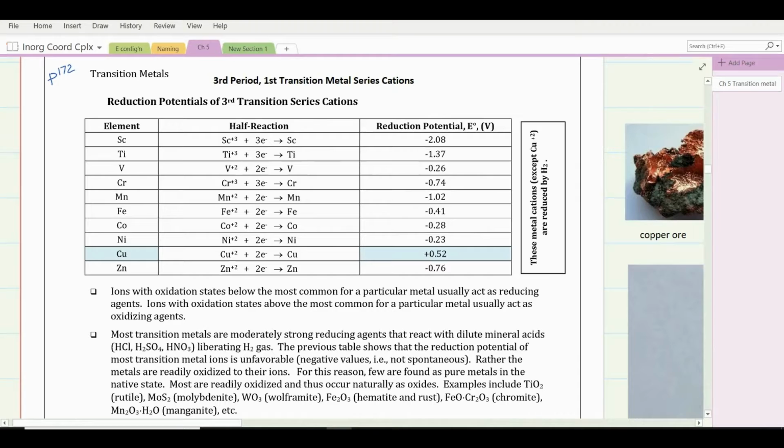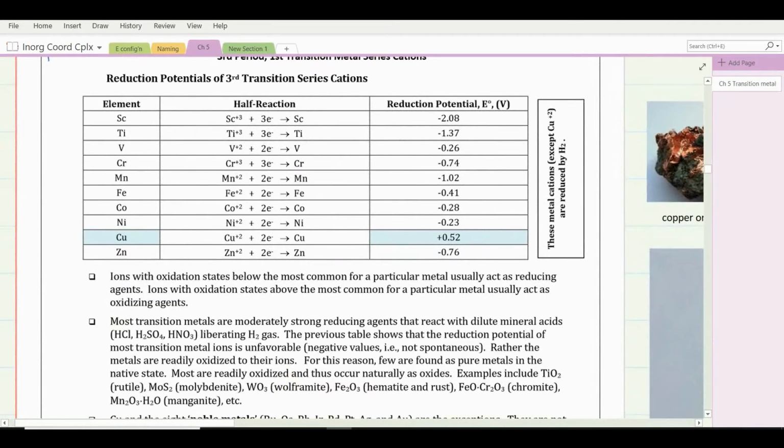So what this means is that most transition metals are reducing agents. So the metal will preferentially move in this direction, giving up electrons, and reduce whatever it's reacting with. They'll do that in the environment because oxygen in the atmosphere is an oxidizer, or it'll do it with mineral acids, liberating hydrogen gas.